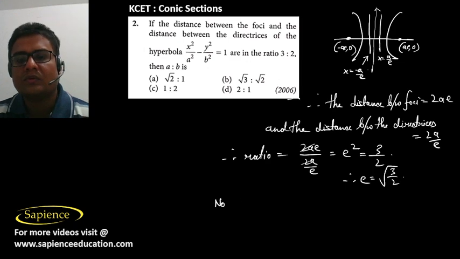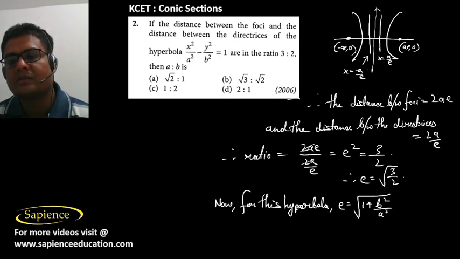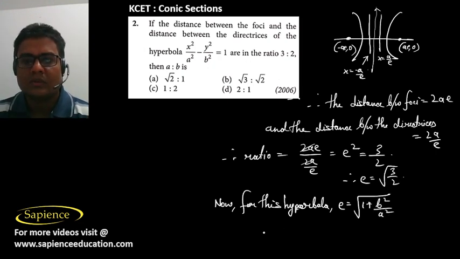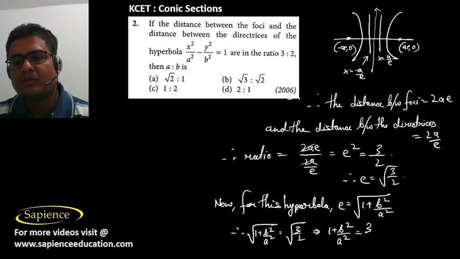Now for this hyperbola, the eccentricity E is given as square root of 1 plus B square by A square. So square root of 1 plus B square by A square is equal to root over 3 by 2. Therefore 1 plus B square by A square equals 3 by 2.